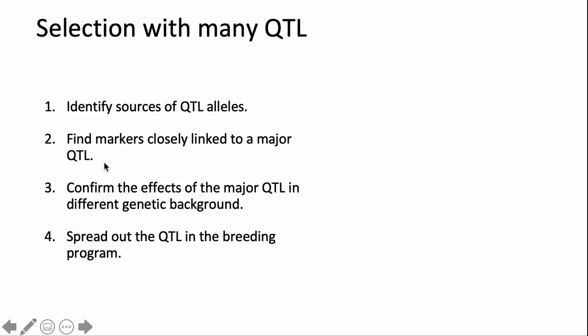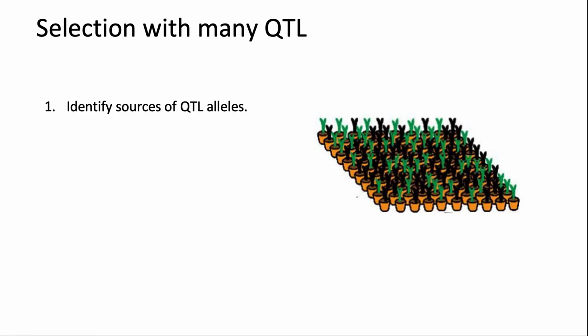So when we have many QTLs involved, the first step, identifying the sources of QTL alleles, is not that easy, because we saw that when we have one major QTL, it's pretty easy.